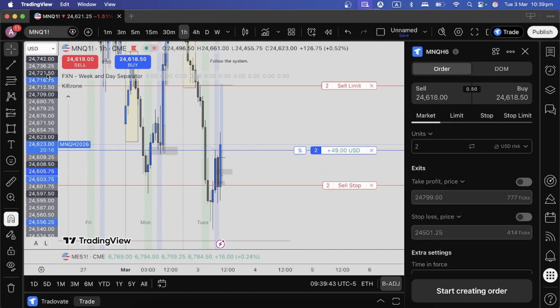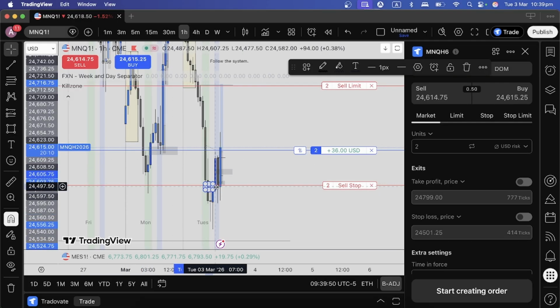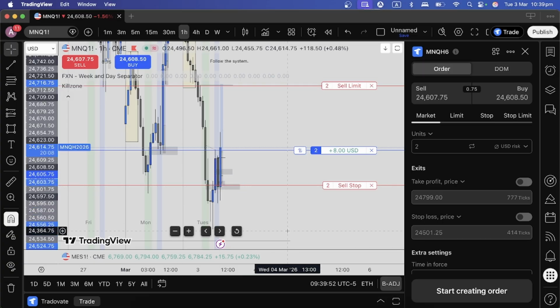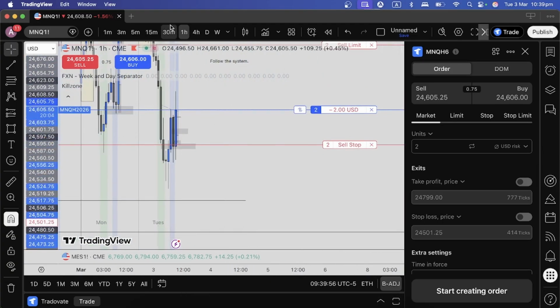Now something that I can also see right now is that we have this bullish inverse fair value gap here, but all of that honestly doesn't really matter that much.